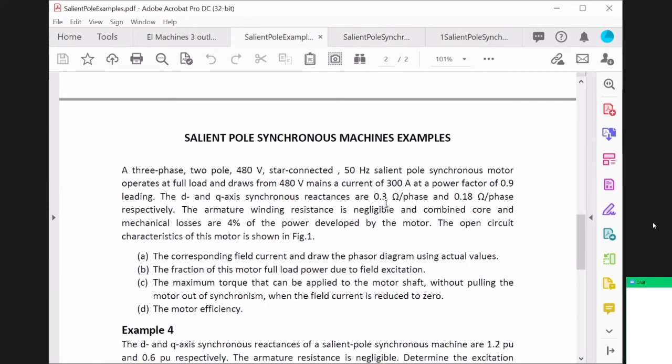In this question, as you can see, the parameters are given in actual values. So the rated voltage of the machine is given, and the d-axis and q-axis reactances. And again, we are neglecting the armature resistance, and we've also been given the mechanical losses of the power.